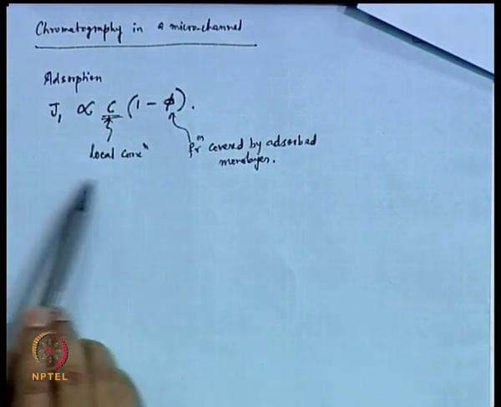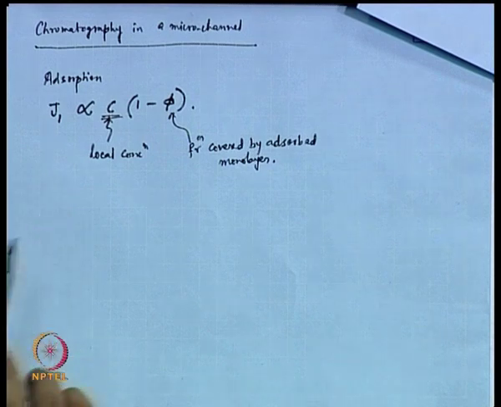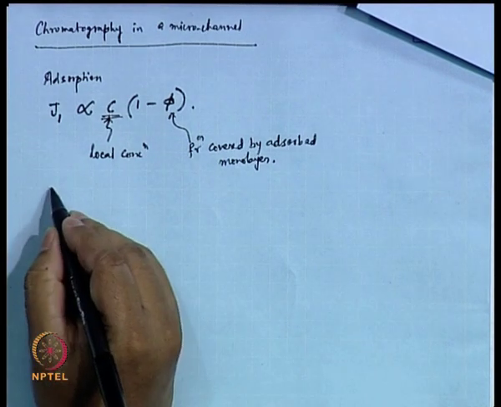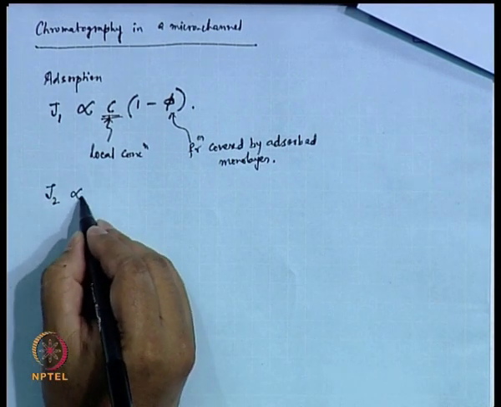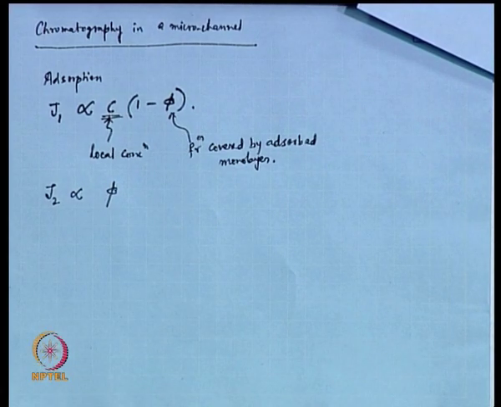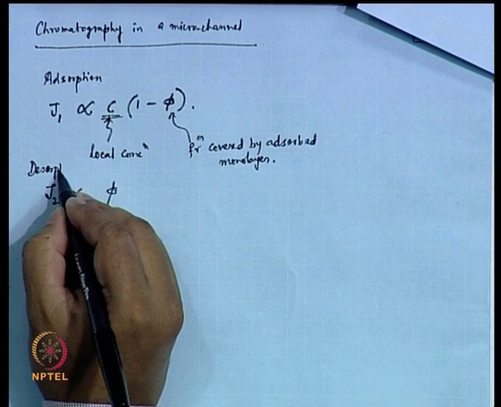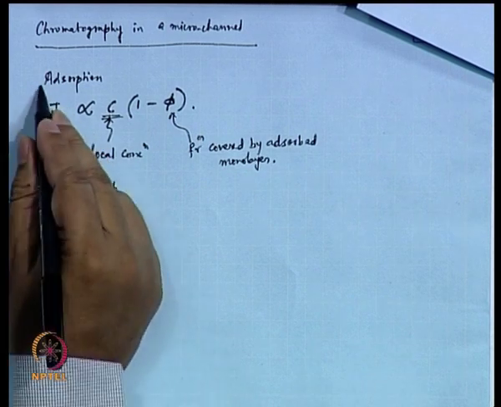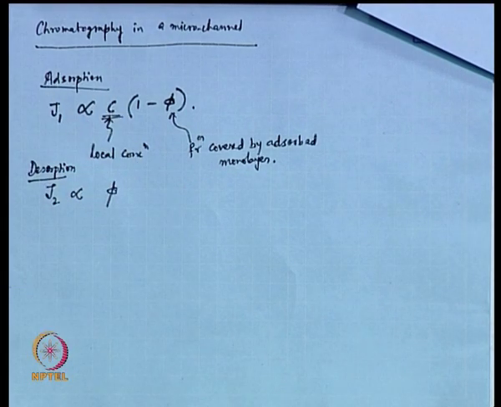Okay. So, you have a forward flux, this is called a forward flux. Similarly, there would be a backward flux, which would be proportional to phi alone. That means there would be a forward flux, which we refer to as adsorption, and the second one we can call desorption. The forward flux means the flux of molecules from the gas phase to the solid phase.